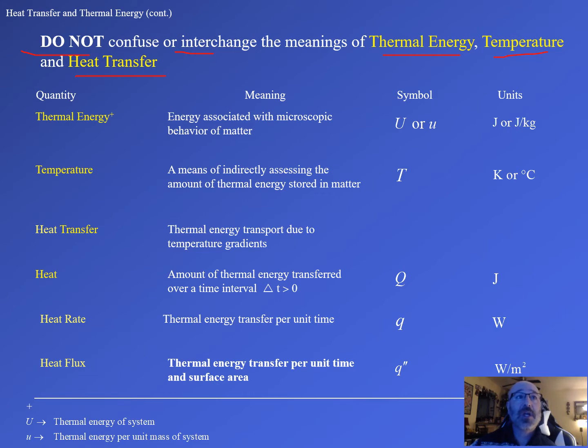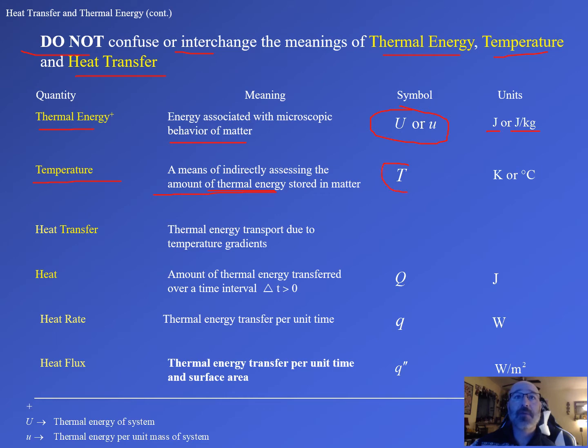Thermal energy is the energy associated with microscopic behavior in matter. The symbols we're going to utilize for this are capital U or lowercase u, and the units we typically see are joules or joules per kilogram. Next, the term temperature. Temperature is a means of indirectly assessing the amount of thermal energy stored in matter.